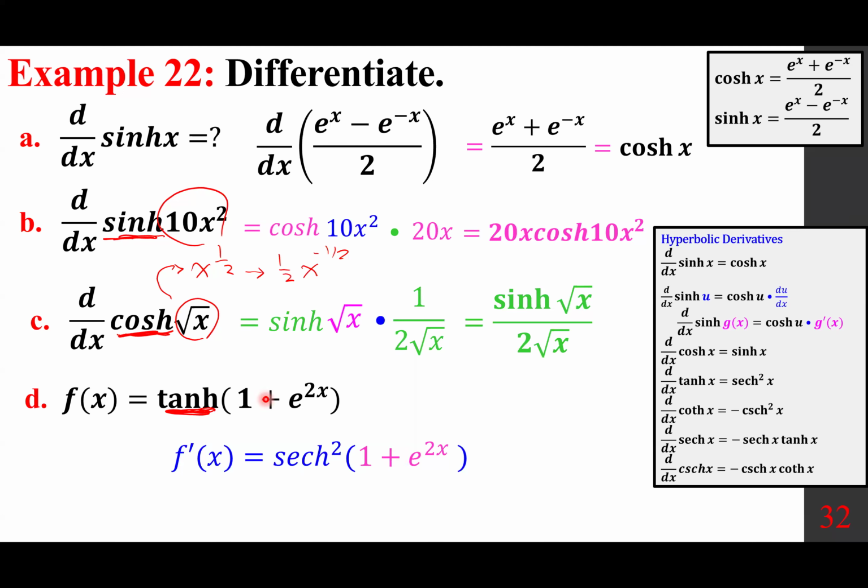By the chain rule, you need to tag along its derivative. The derivative of 1 is 0, so ignore it. E to the power of 2x is itself, e to the power of 2x, times the derivative of the exponent. And you put 2e to the power of 2x in front because it looks better that way. Okay, everybody?